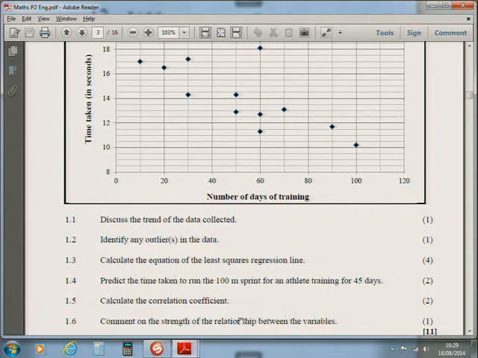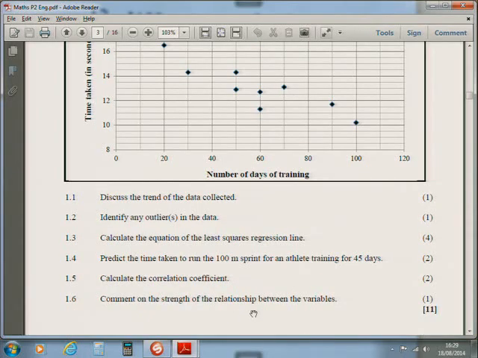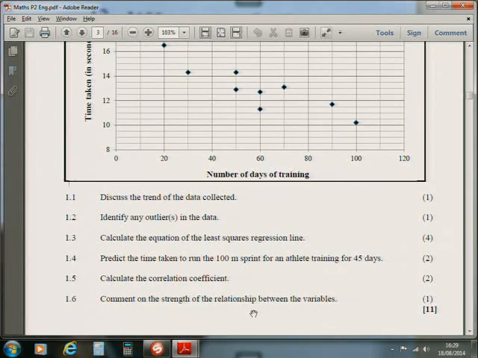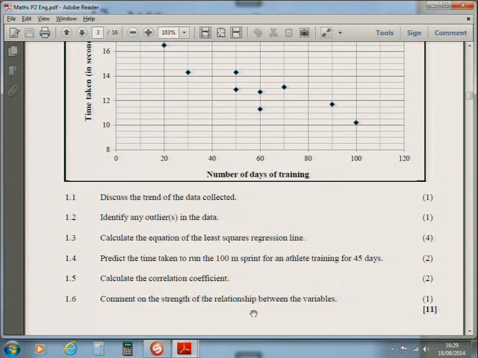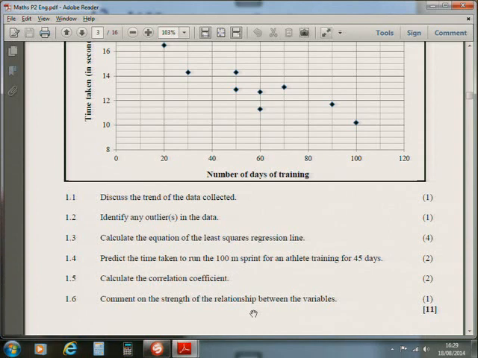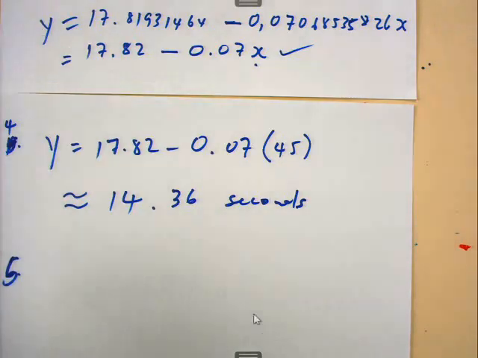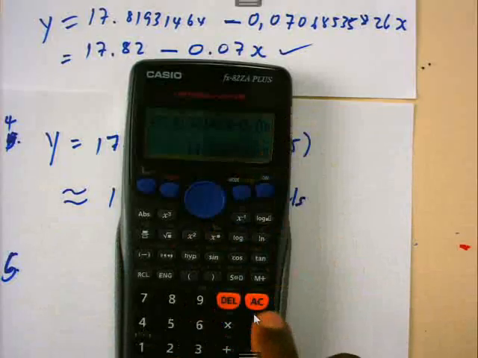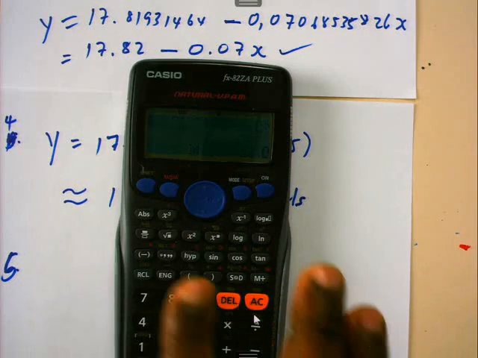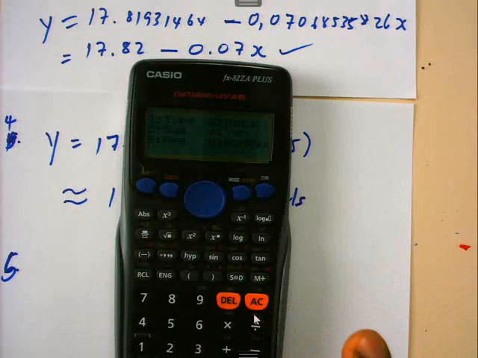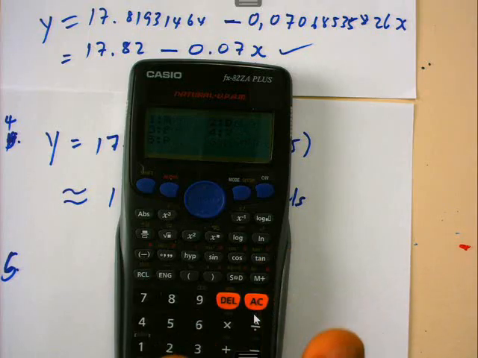At least comment on the strength of the relationship. You see number 6 now. This was number 5. In fact, number 5 said first, calculate the correlation coefficient. I skipped the first one. What do we do? We go back to our calculator. Remember we have done this already. We press AC on the calculator, shift stat, and we say 5 is regression, R is 3.